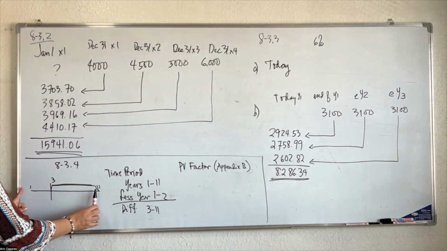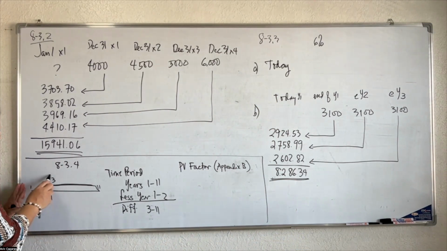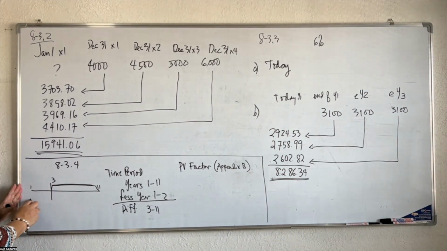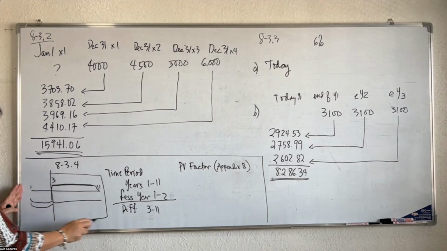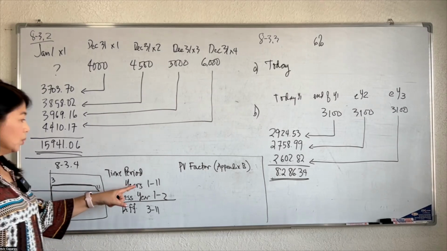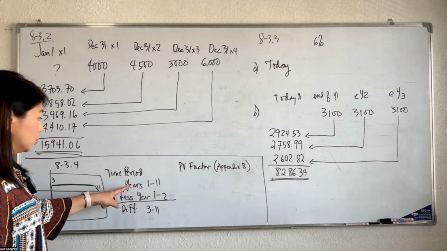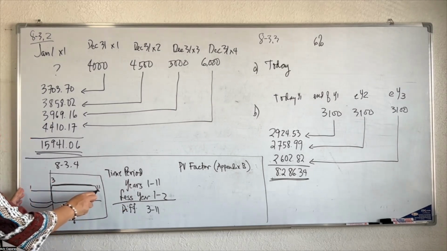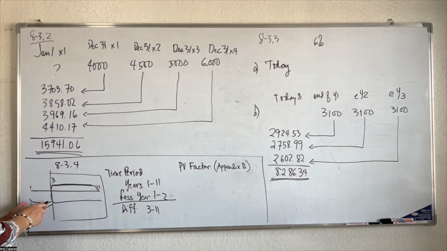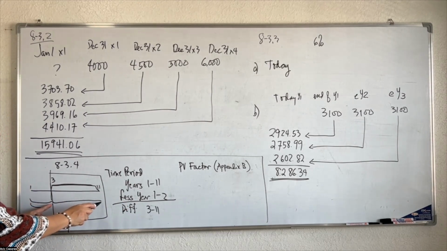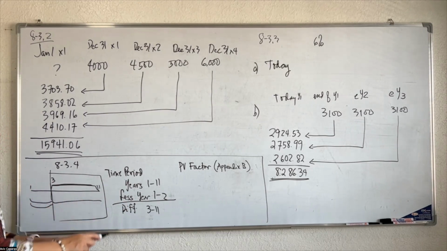So you cannot calculate that unless you get the entire thing minus this. You get the entire thing minus this would be this amount. Okay? That is the reason why we have to get the present value factor 1 to 11 and reduce it by years 1 to 2 in order to get the present value of 3,000 you will receive through years 3 to 11. Okay?